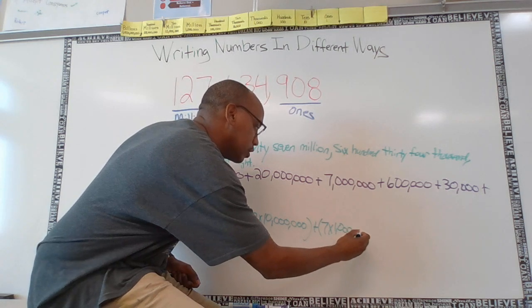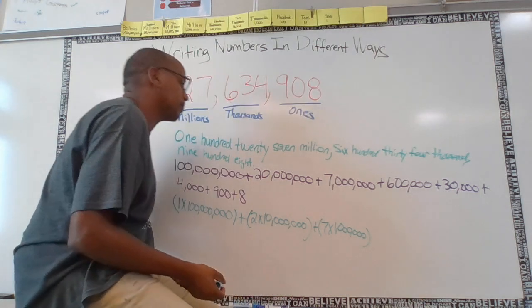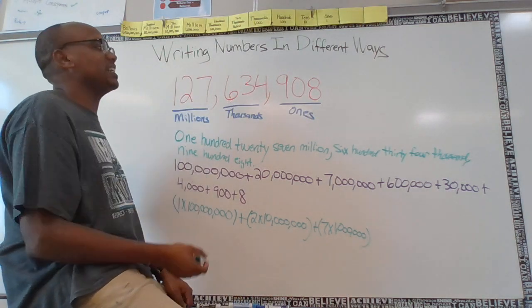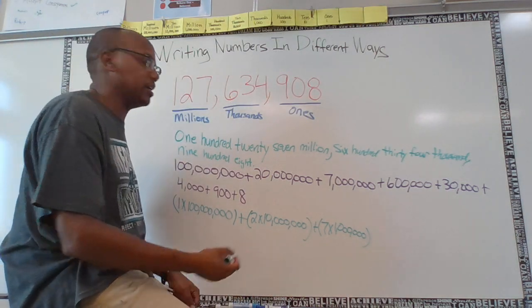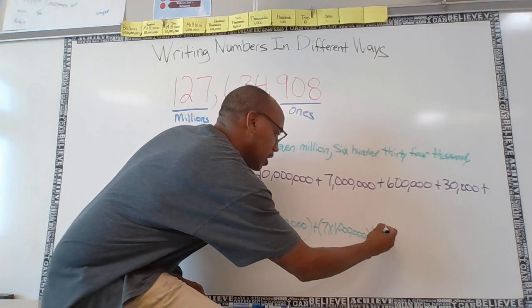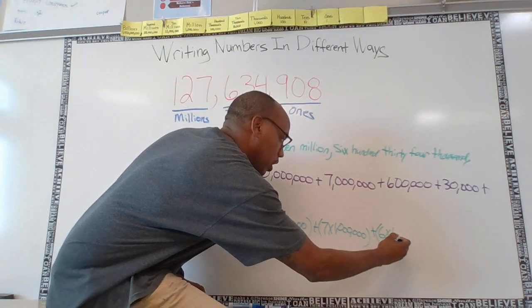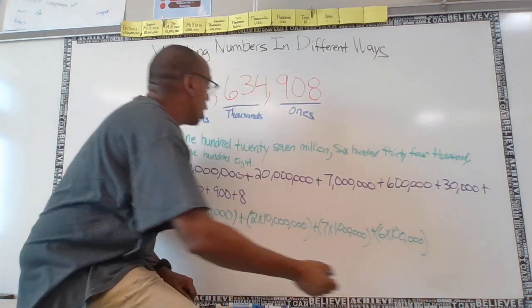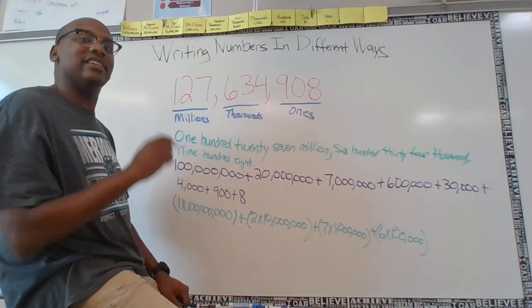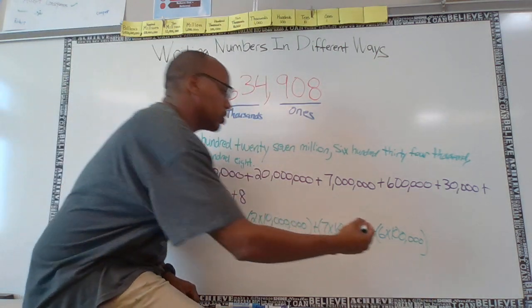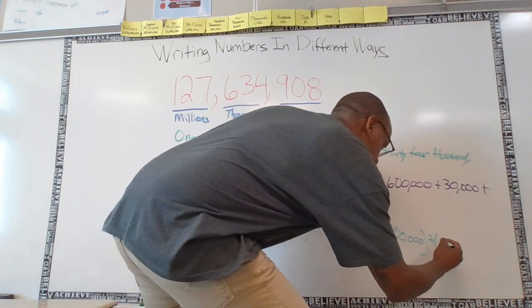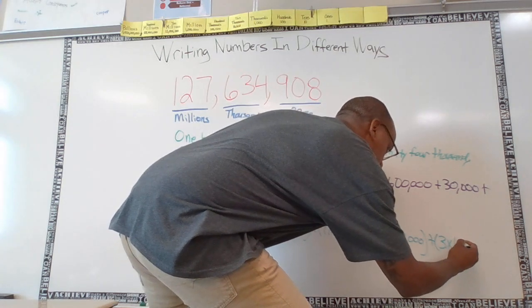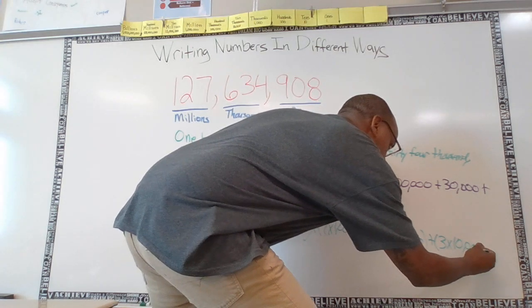Again, number times the spot notation. The 6 is in the hundred thousands place, so that is plus 6 times 100,000. The 3 is in the 10,000s place, so it's plus 3 times 10,000.